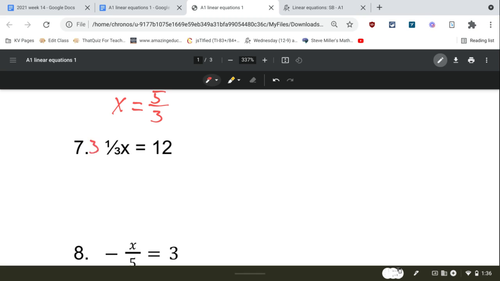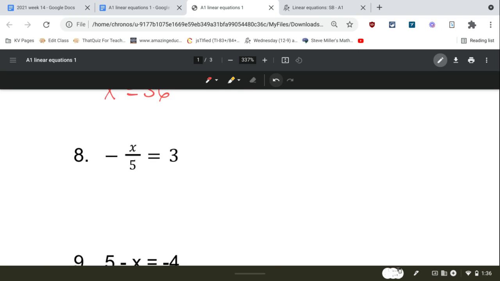So multiply both sides of the equation by 3 is what we're going to do. That's going to leave us with a 1x, because the 3 cancels with that 3. And then on the right-hand side, you're going to have 3 times 12, which is 36.